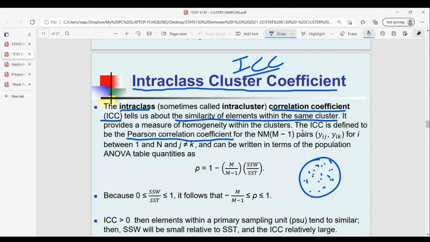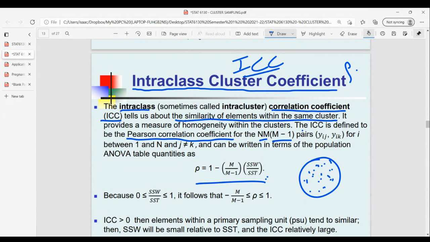It's just a Pearson's correlation coefficient for n m multiplied by m minus 1 pairs, for i between 1 and n and j not equal to k, and can be written in terms of the population ANOVA quantities such as rho is equal to this, because SSW over SST is between 0 and 1.